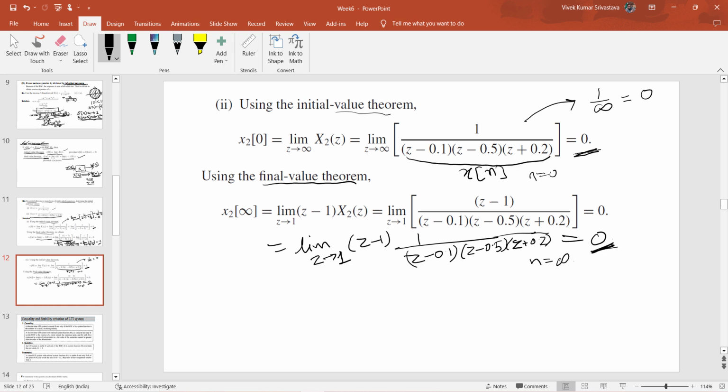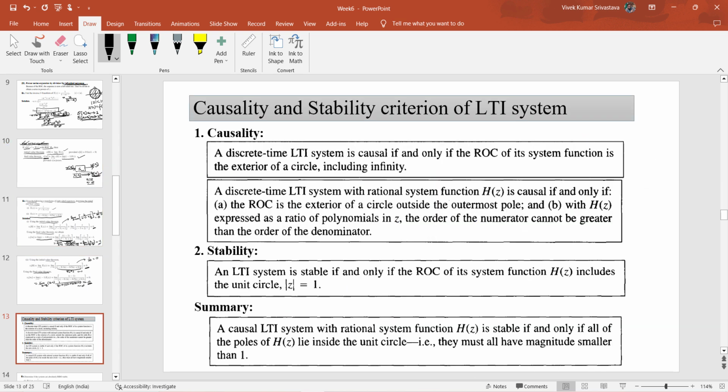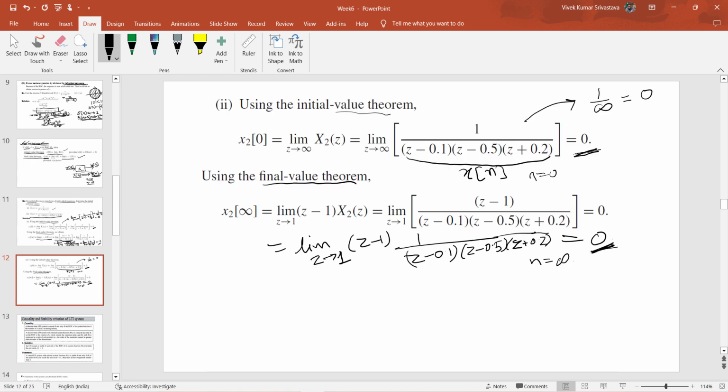This is one of the most important concepts, that is the initial value and final value theorem, so as to check how a system behaves in the initial as well as in the steady state case.